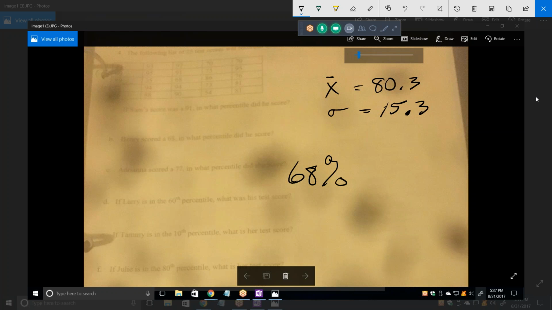No, it isn't. It's not the 68th percentile. 68 was his test score, and you've calculated the 8th percentile. I'm sorry, not the 68th percentile. The 8th percentile. That makes sense. Okay, I got you now. I just said 68 because I was.